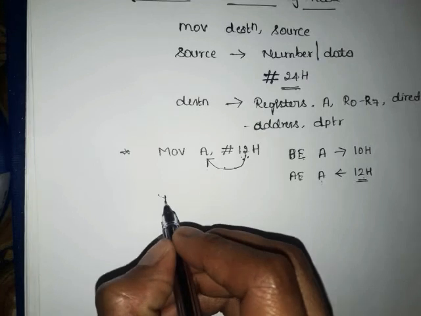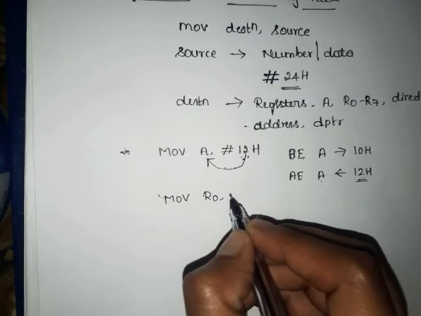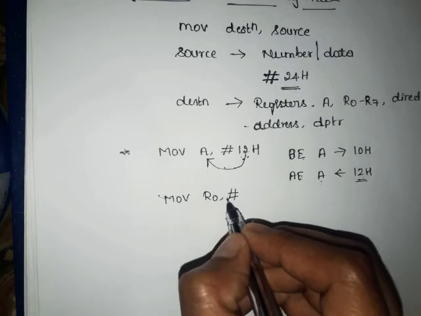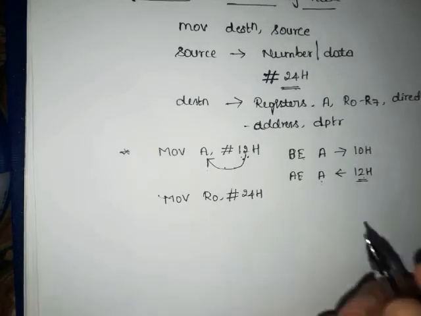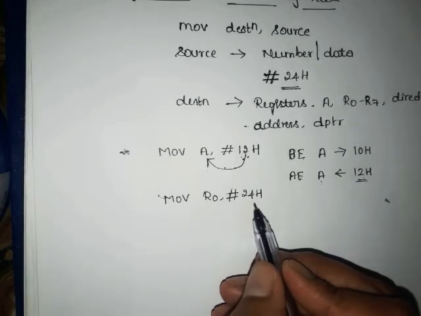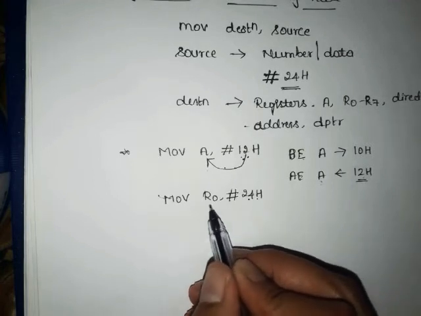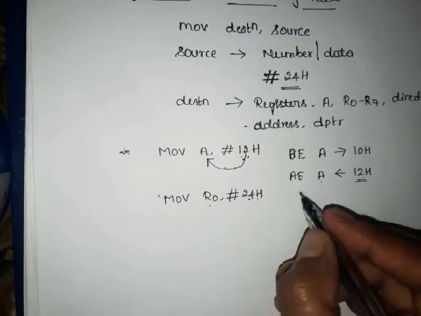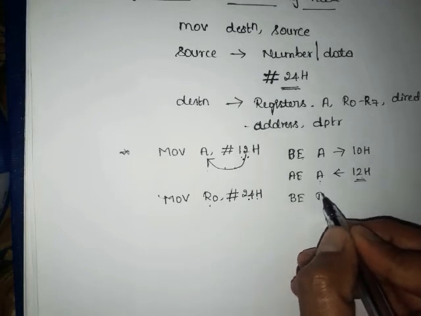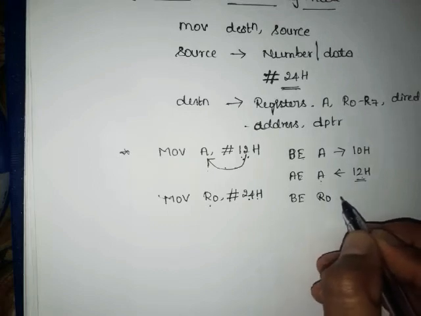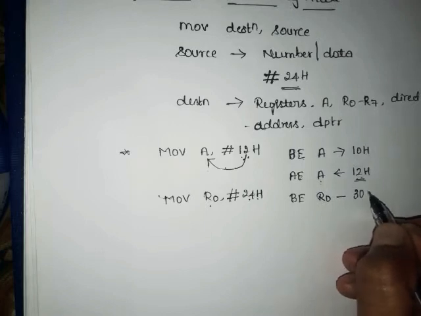So next one is move R0 comma hash 24h. So here also we are moving the number 24h to the register R0. Before execution of this instruction, let us consider the register R0 is having a data of 20h or 30h.